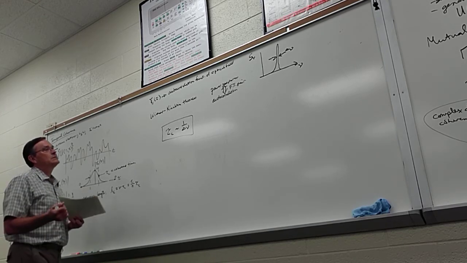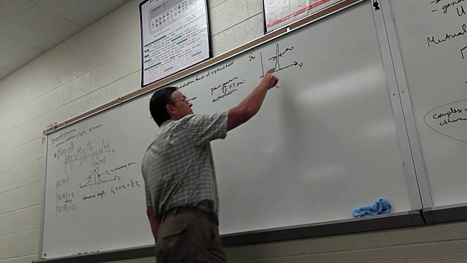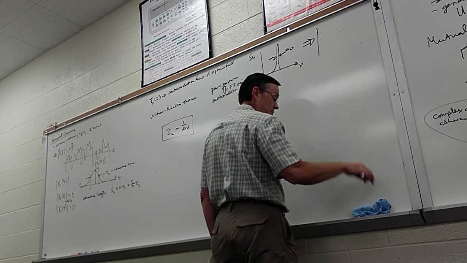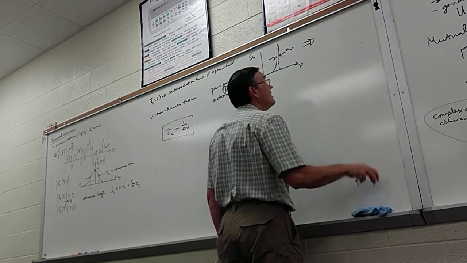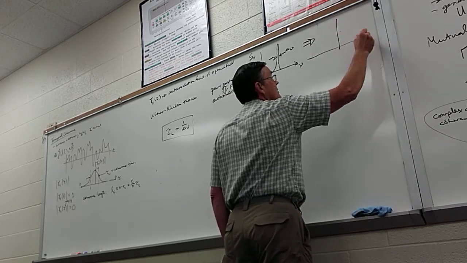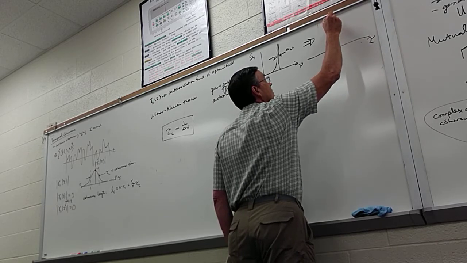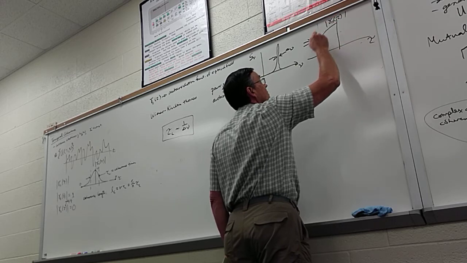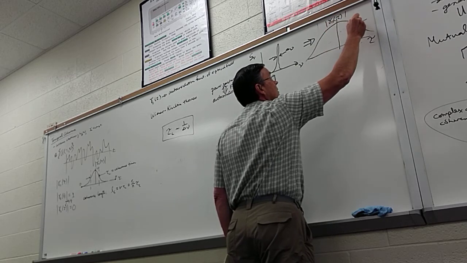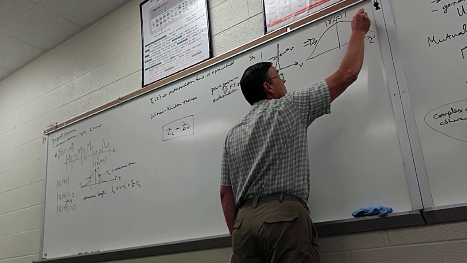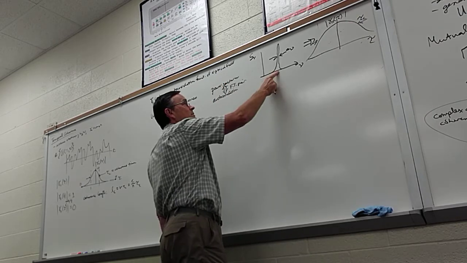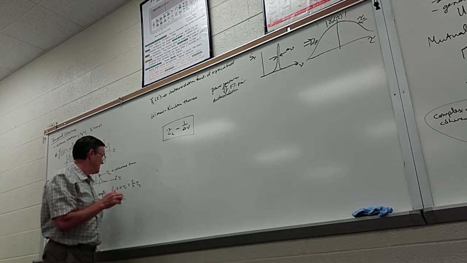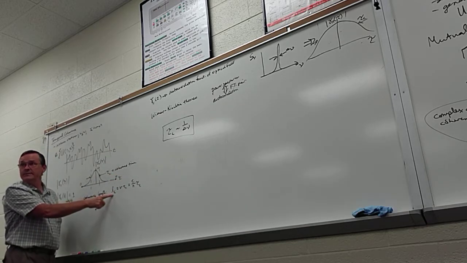Okay, so if we have a very narrow spectrum, that implies that when we look at the temporal coherence, we have a narrow spectrum, large coherence time, large temporal coherence, meaning long coherence length.